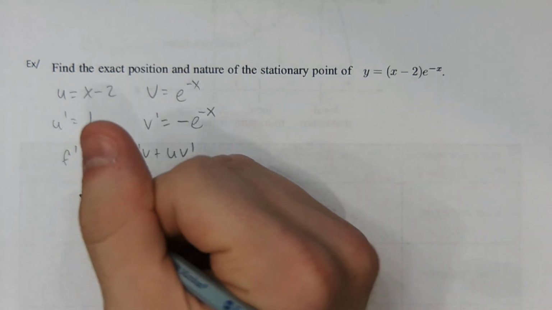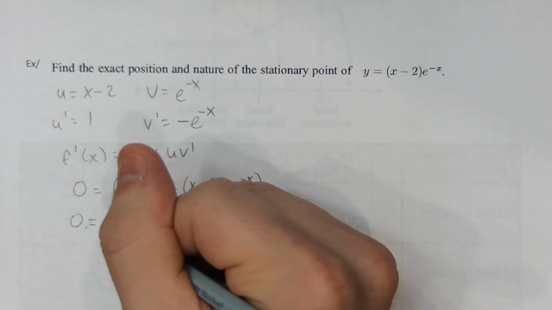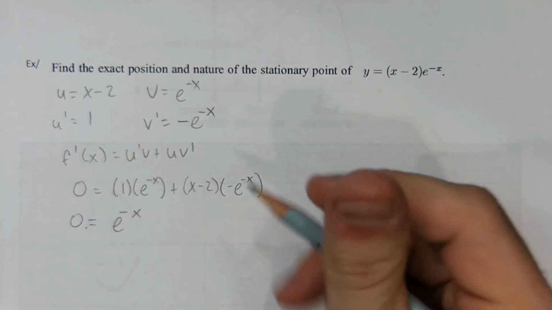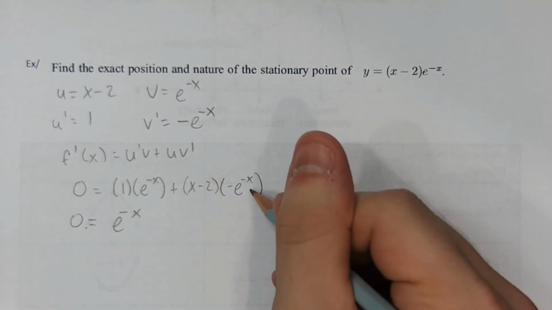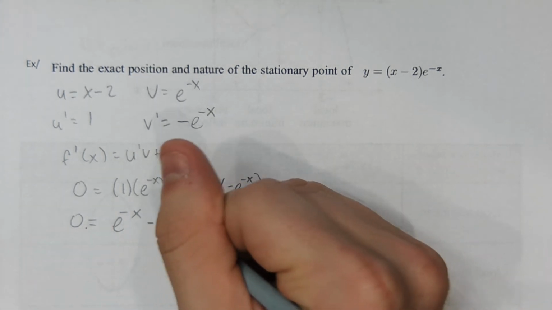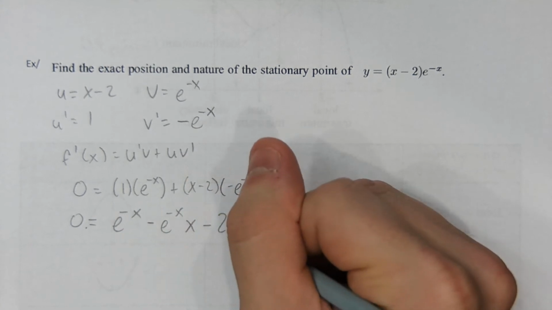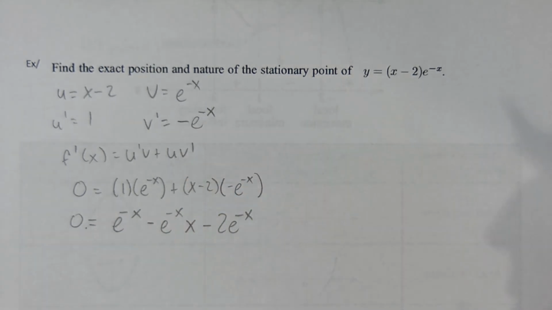Let's see. Let's play some games here. We know we're gonna have to set it equal to 0. Let's see. We have e to the negative x, and then if I were to distribute this e to the negative x, I would have minus e to the negative x times x minus 2e to the negative x.